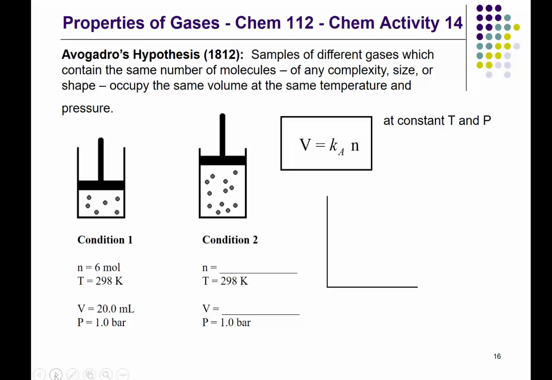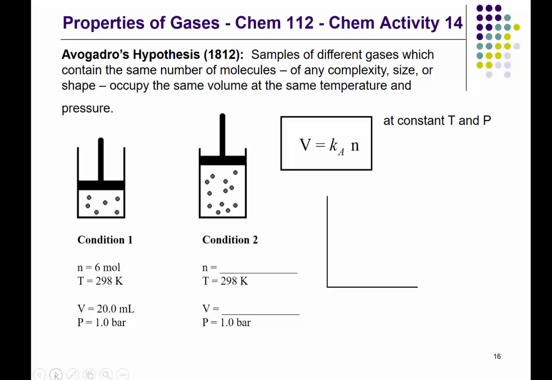Rather, he proposed that samples of different gases which contain the same number of molecules would occupy the same volume. So actually, he was getting at a way of counting the number of molecules that are present. If you compare two balloons filled with the same or different gases, and both balloons are at the same temperature and pressure, assuming the same elasticity of the balloon, and they have the same volume, then you can predict that they would have the same number of molecules.